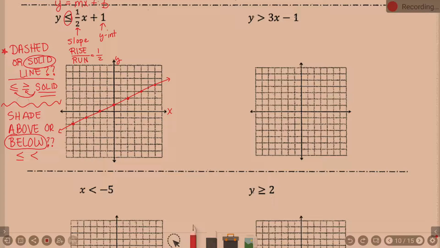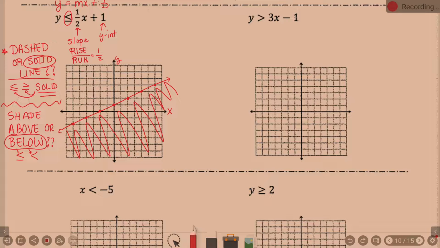So anytime you see a less than sign, you're going to go below. So we're going to be shading below on this graph, because it was a less than sign. Greater than, you would shade above. Some of these things coming back to you? Yes, a lot.